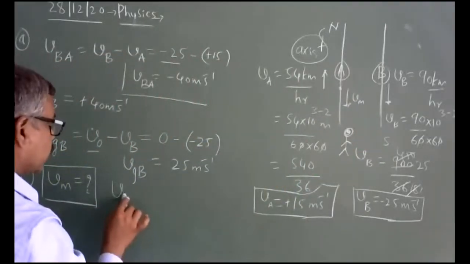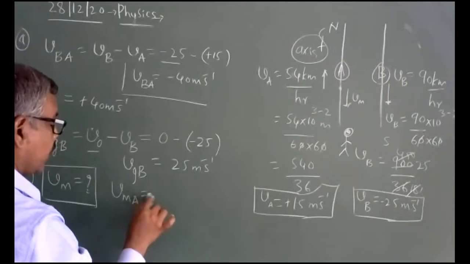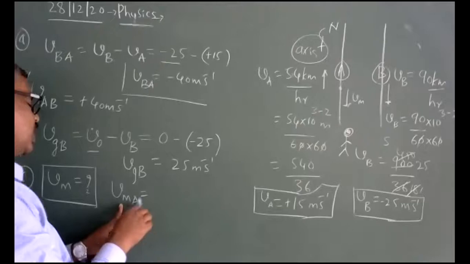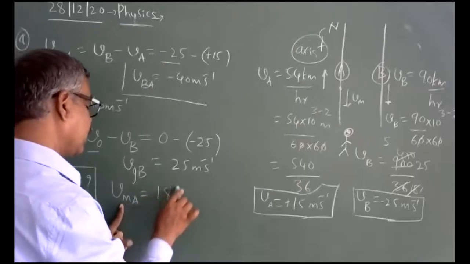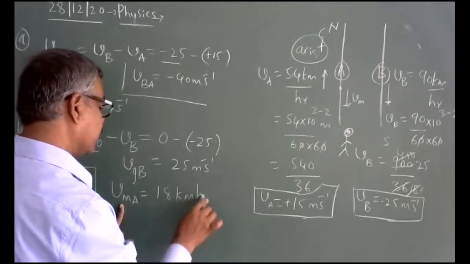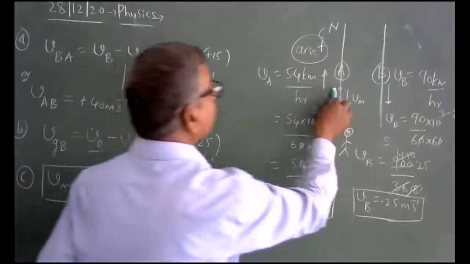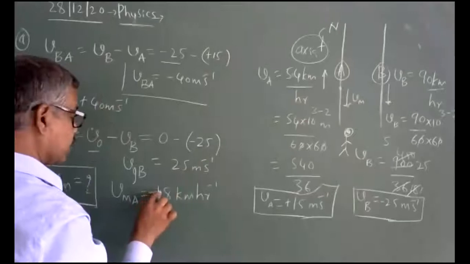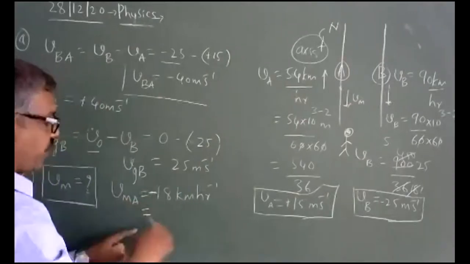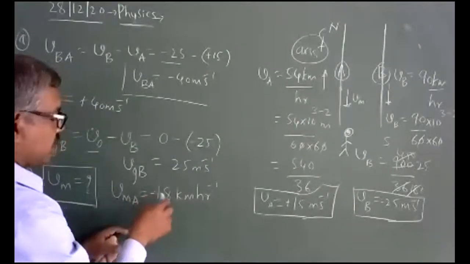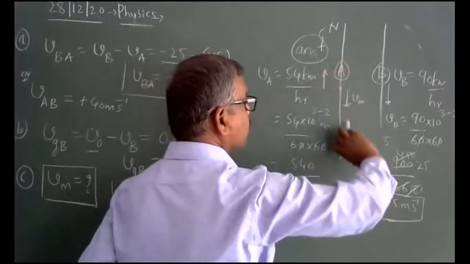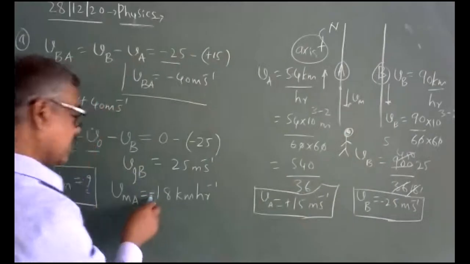But relative velocity of monkey with respect to train A, what is VMA? Velocity of monkey with respect to train A is equal to 18 kilometer per hour. But since train A is moving towards north, monkey is moving towards south, I may take it as minus 18. Because the monkey is moving in the opposite direction, I can write minus 18 kilometer per hour.